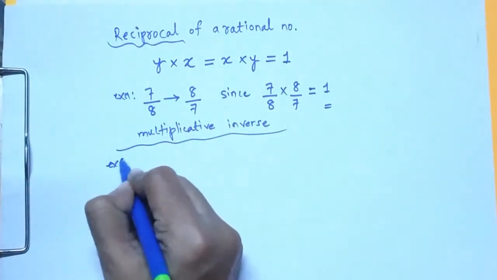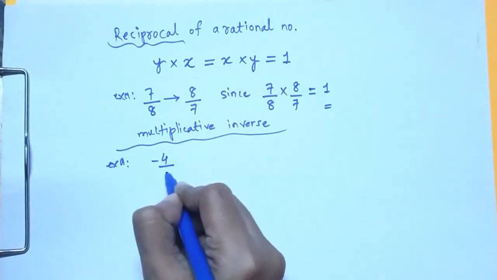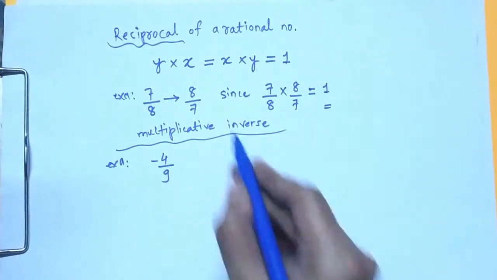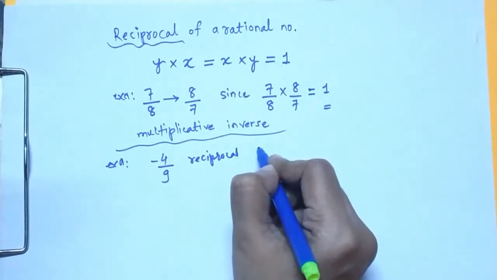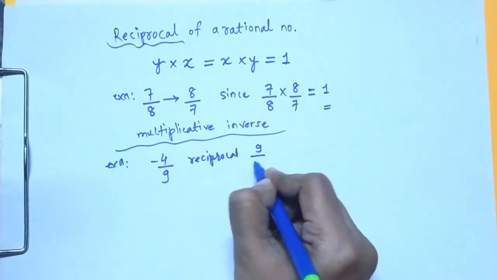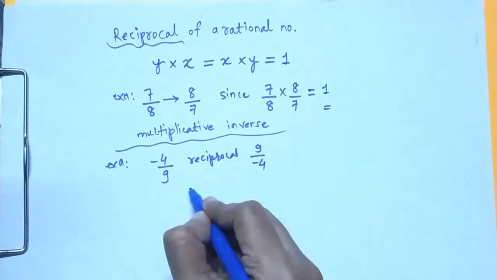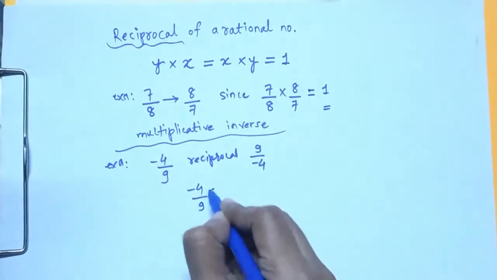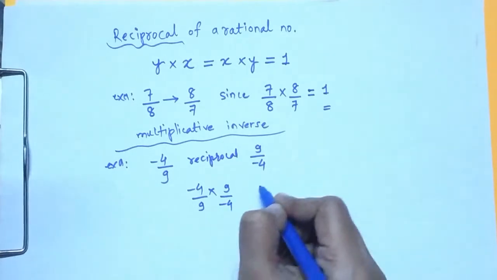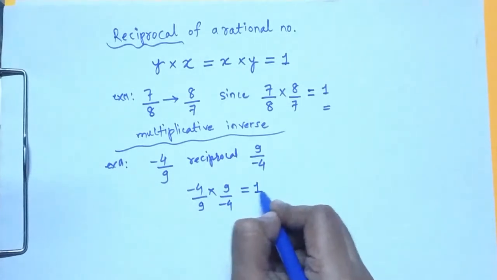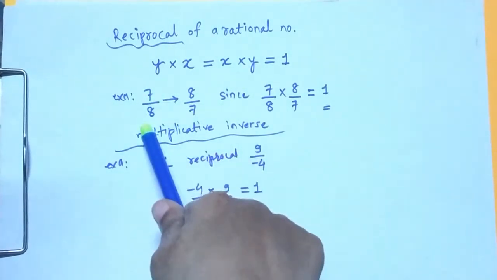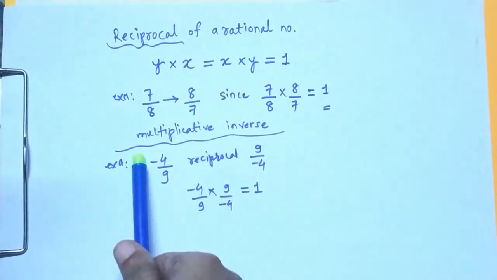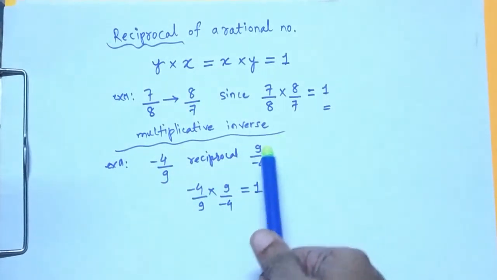For example, one more example, we can have minus 4 by 9. Its reciprocal is going to be 9 by minus 4, since minus 4 by 9 into 9 by minus 4 gives 1. So for the reciprocal you just need to flip the rational number, like 7 by 8 gives 8 by 7, and minus 4 by 9 gives 9 upon minus 4.